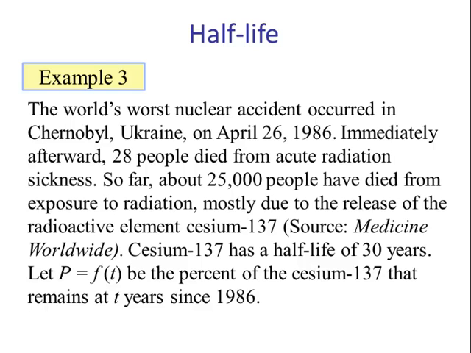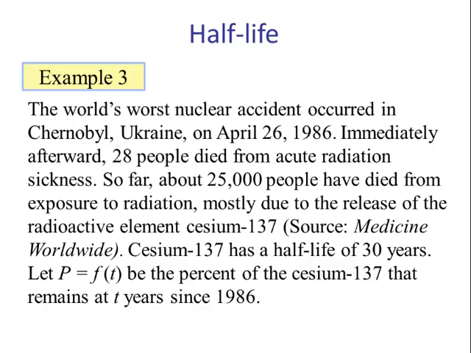Example 3. The world's worst nuclear accident occurred in Chernobyl, Ukraine on April 26, 1986. Immediately afterward, 28 people died from acute radiation sickness. So far, about 25,000 people have died from exposure to radiation, mostly due to the release of the radioactive element cesium-137.